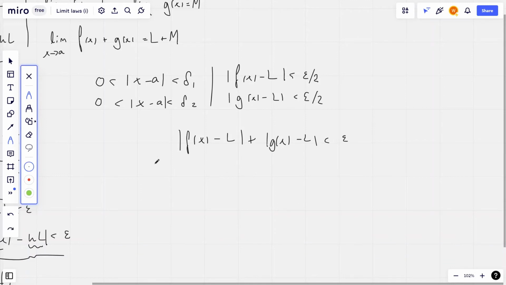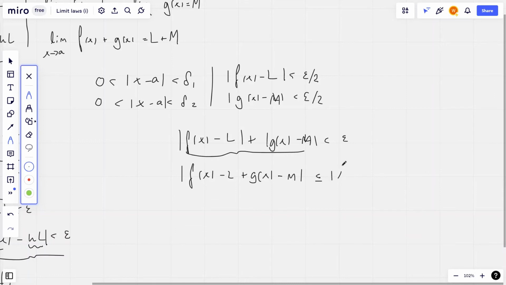And if we think about it, we have the triangle inequality, which means that we have |f(x) - L| + |g(x) - m|, sorry, this was supposed to be an m, is less than or equal to this expression here.